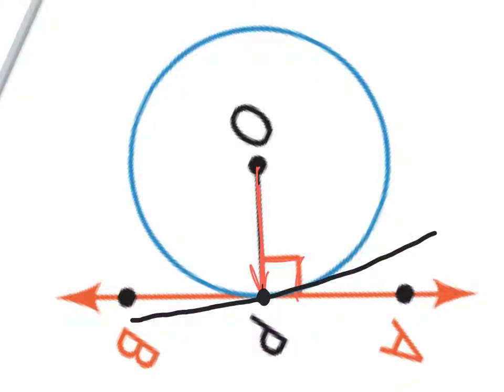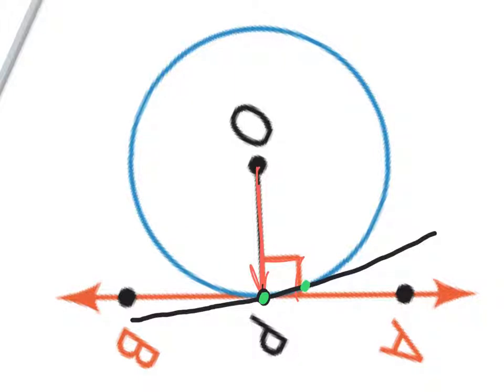I curved a little bit, but you get the idea. I'm drawing a line. If I pivot that line just a little bit, I'm now not only intersecting my circle here, but I'm also intersecting my circle somewhere up there.